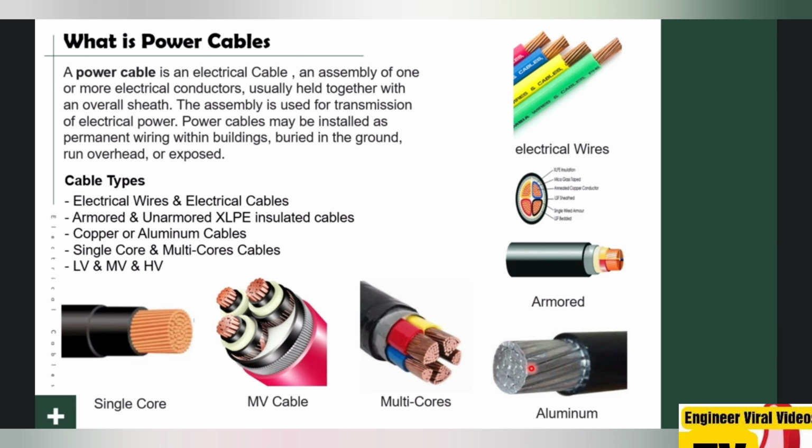Here this is an aluminum cable, single core, and here these cables are multi-core. Also this picture shows the medium voltage cable. It often comes with a red cover. And here this is a single core cable coated with an XLPE layer.